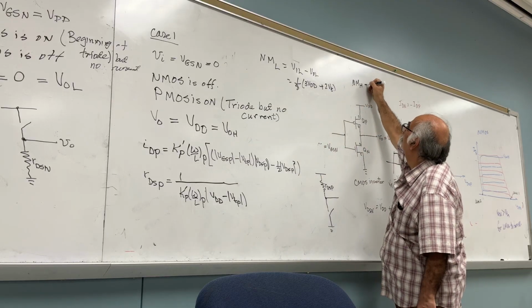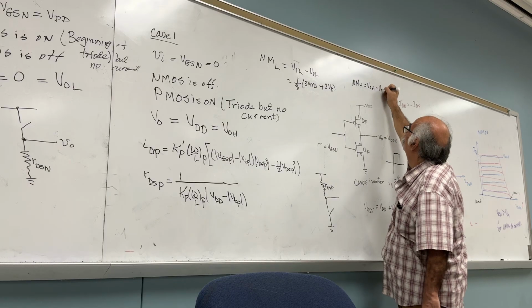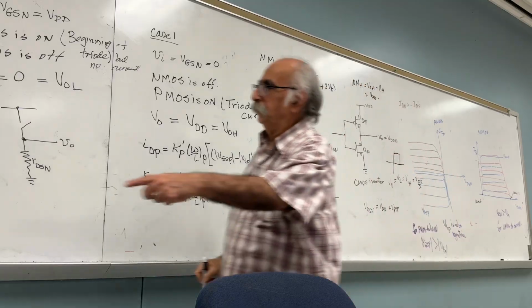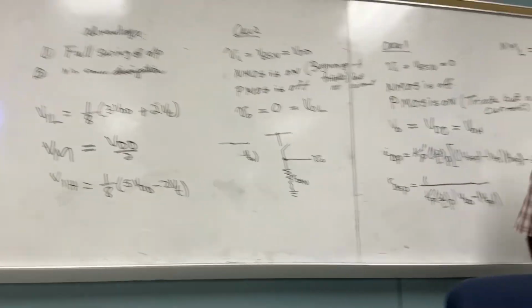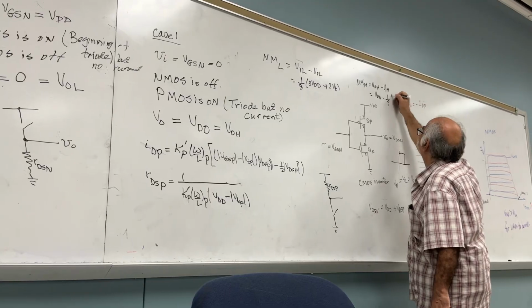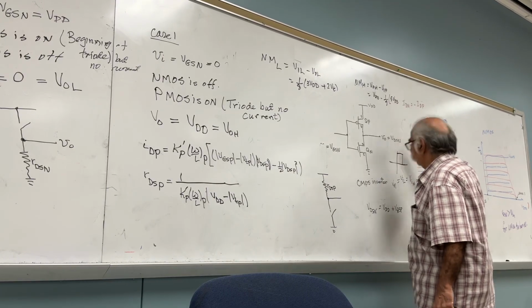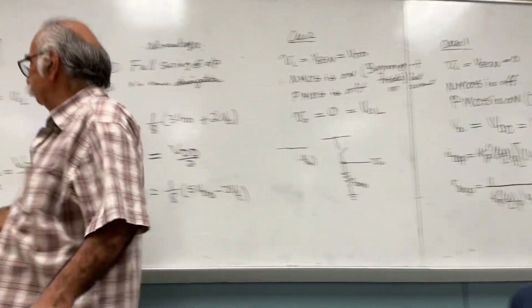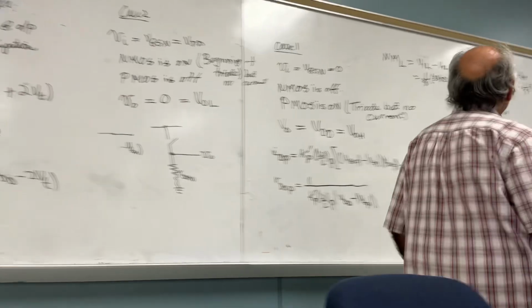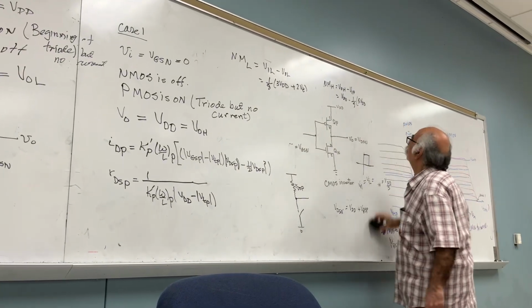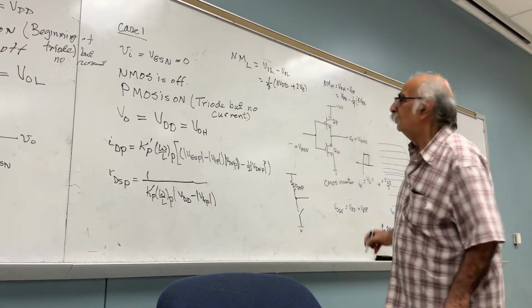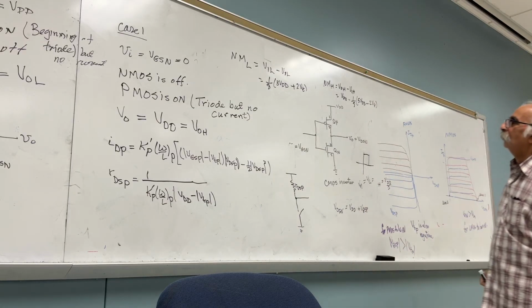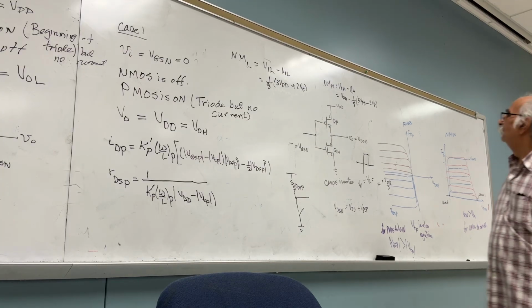NMH is VOH minus VIH, VDD minus this thing. VDD minus 1/8 (5 VDD minus 2 VT). Clear? Okay.